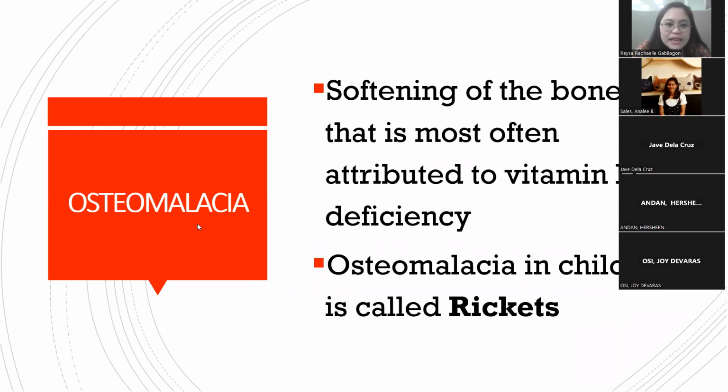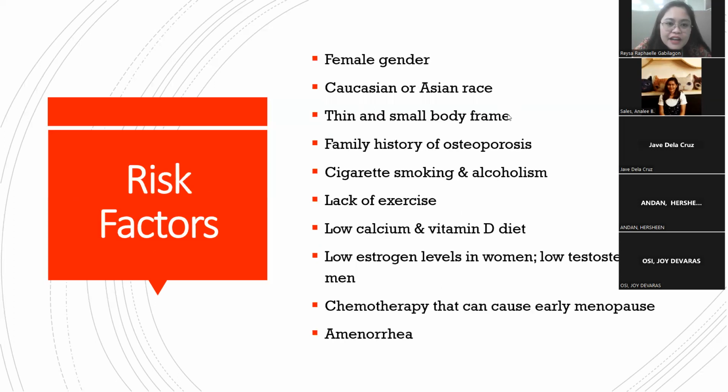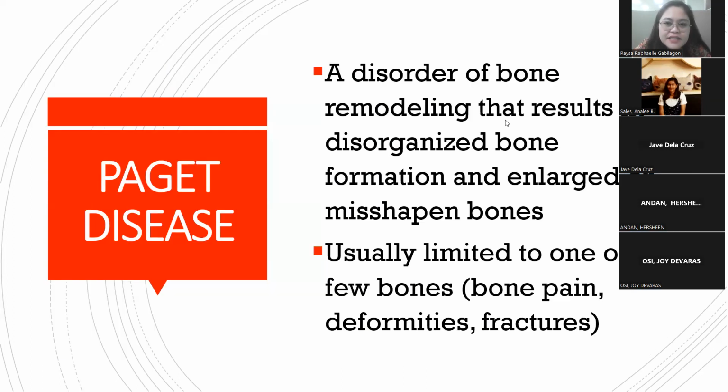In osteomalacia, there is softening of the bones. But what is the reason? This is attributed to vitamin D deficiency. Again, remember, we need vitamin D for bone mineralization so we can use calcium. In Paget's disease, it is the remodeling itself, and there are many factors involved.